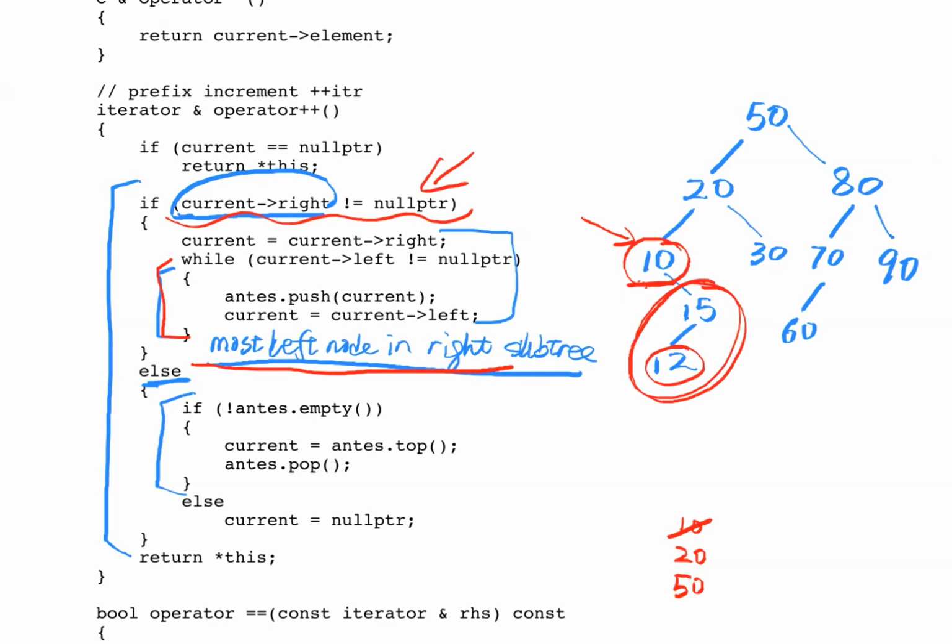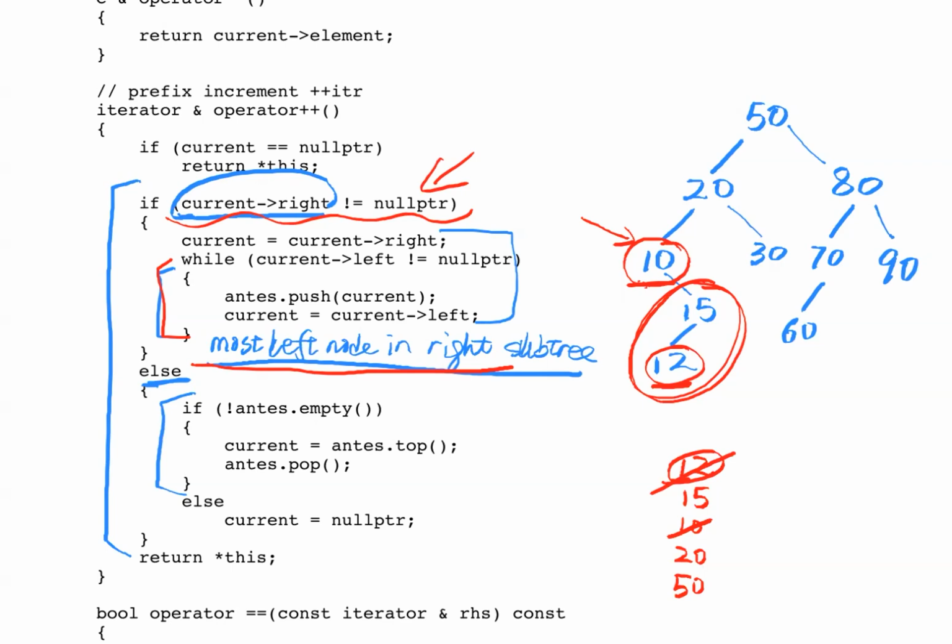So this while loop will push 15 and 12 onto the stack. Now 12 is the most left node and the top element, and this is the one we pop out from the stack.